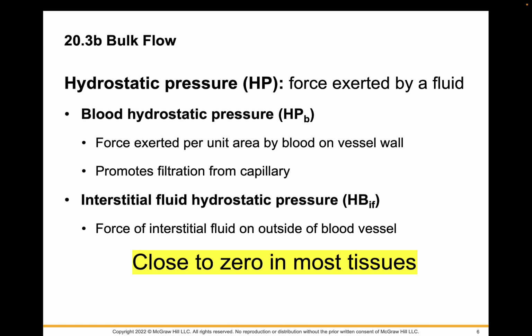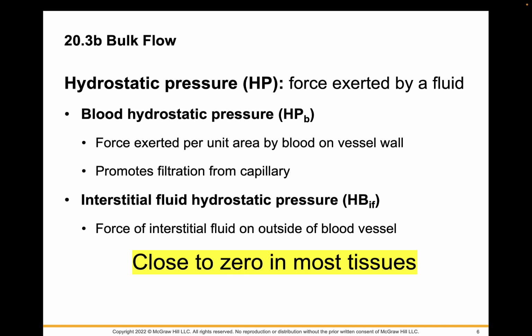When we look at interstitial fluid hydrostatic pressure, we are basically going to think of this as zero. This would be the force attributed to fluid in the interstitial space, outside the vessel. Now, think about what's going on here. In the interstitial space, there's a lot of space for that fluid, or the force of that fluid, to disperse.